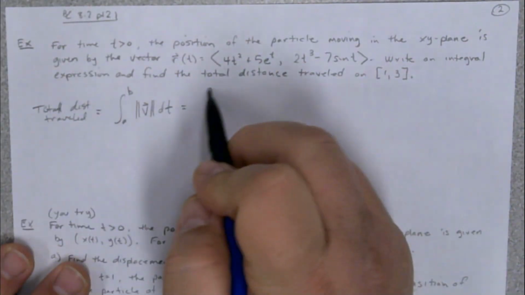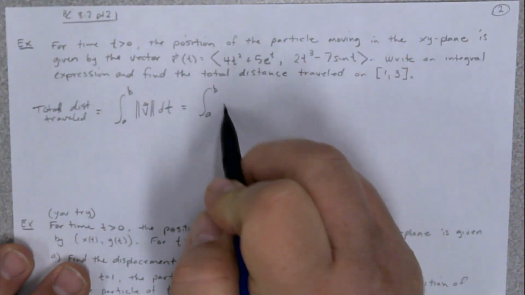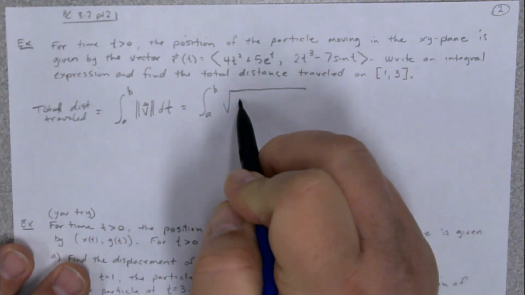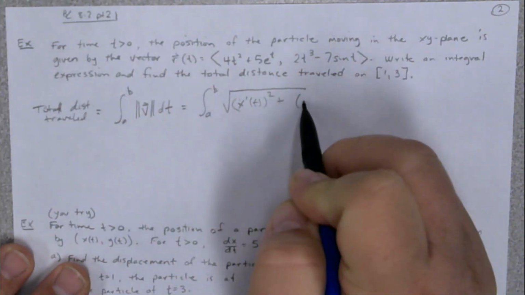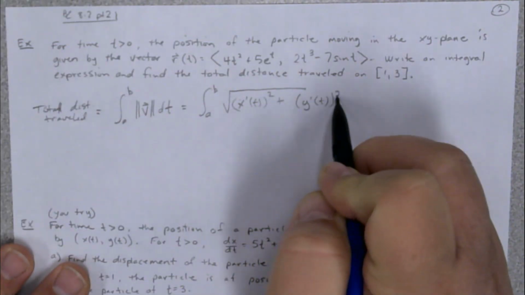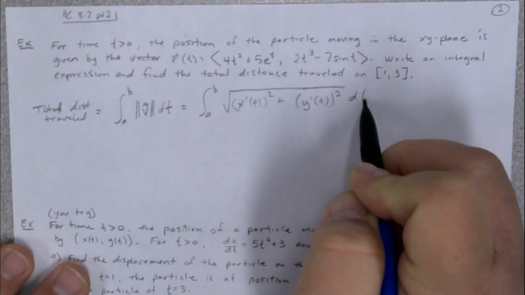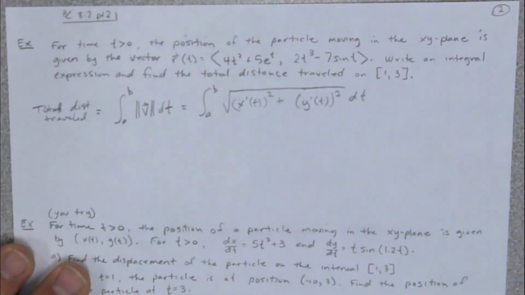And then that is what? From A to B, the square root of x prime of t squared plus y prime of t squared, dt. So this is my formula, so we just need to plug into it.